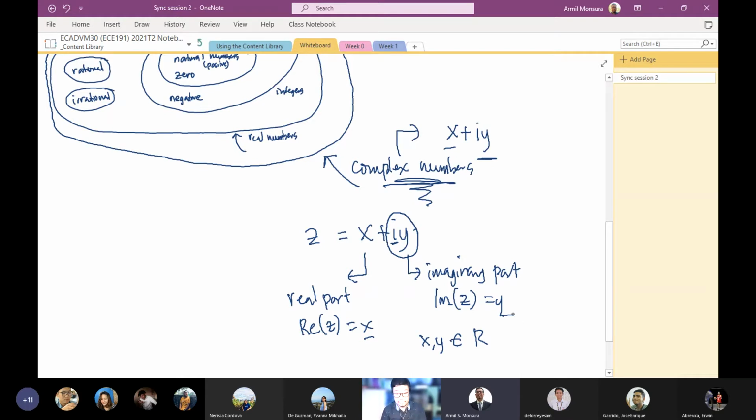Basically, y itself is still a real number. Both x and y here belong to the set of real numbers. But if you multiply y with i, the imaginary unit, iy becomes an imaginary number. Is the distinction between imaginary number and imaginary part clear? Maliwanag ba yun?